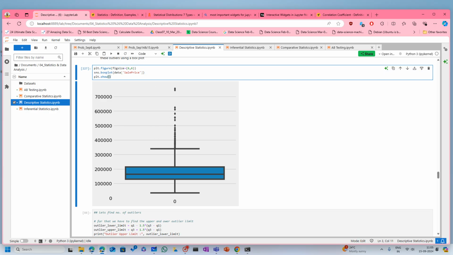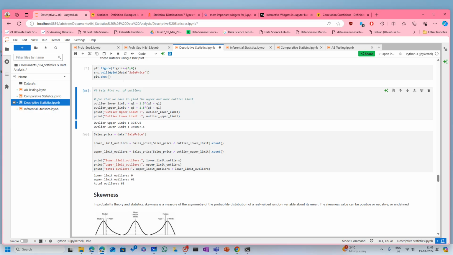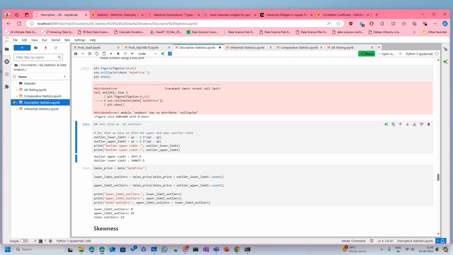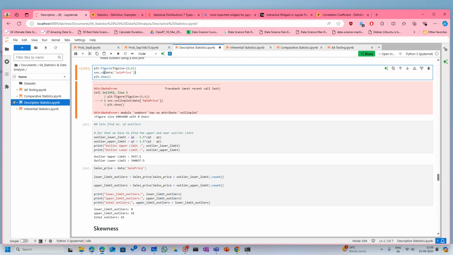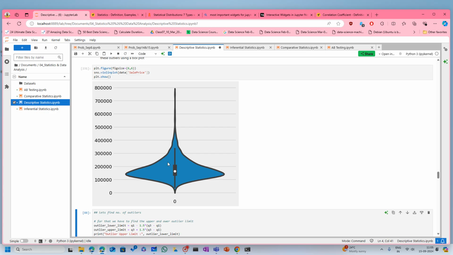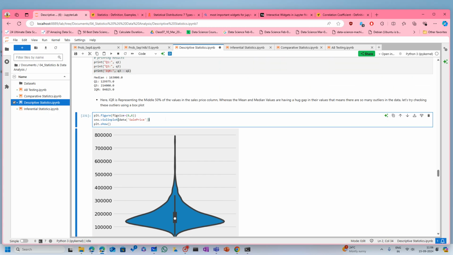So clearly by just using a box plot or a violin plot, you can see that this is your minimum value. Your IQR starts here and ends at this place. Anything above this line is an outlier. This is how you can find the outliers.